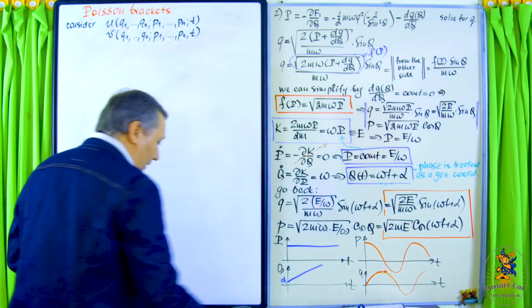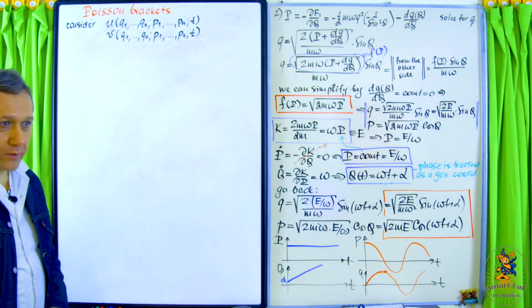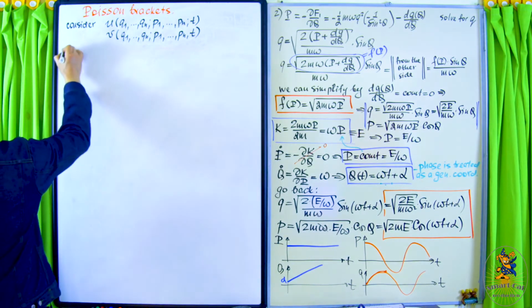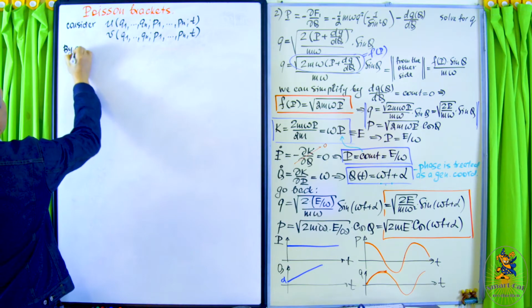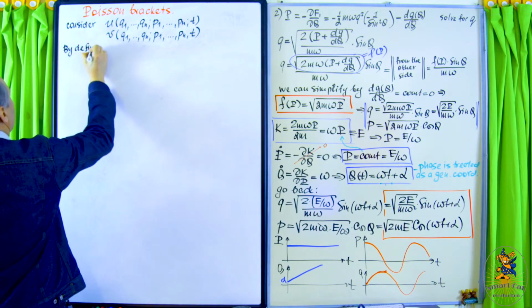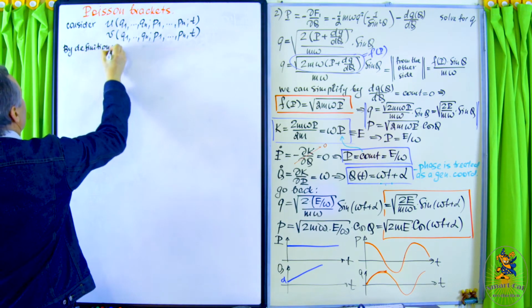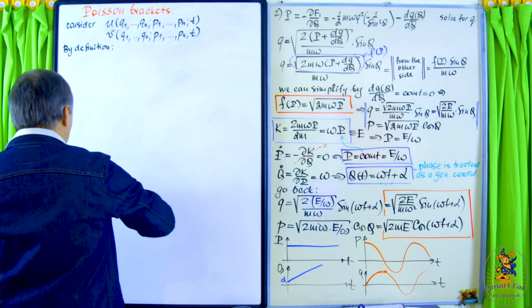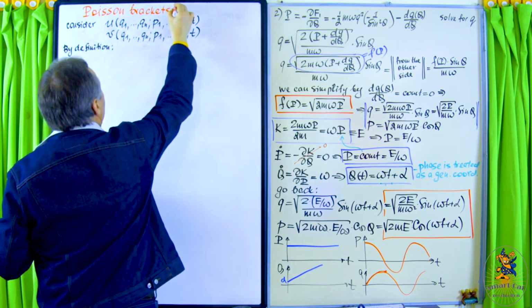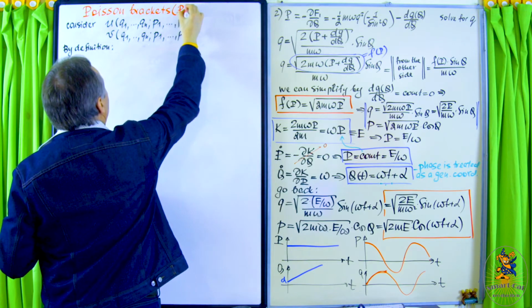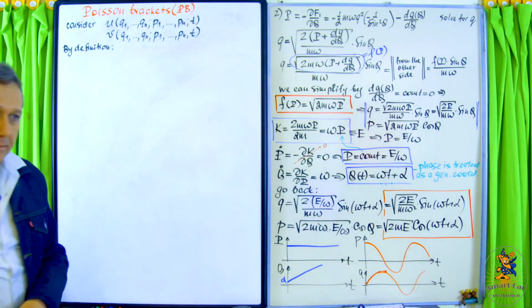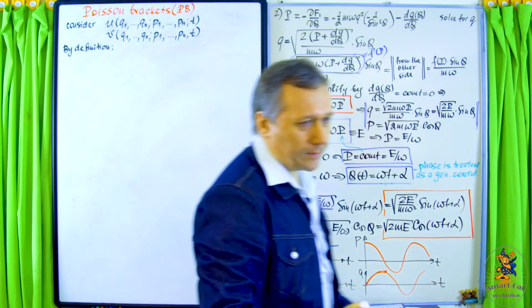And then after this, by definition, Poisson brackets, maybe I can abbreviate them as PB, right? It makes sense. Too much writing.